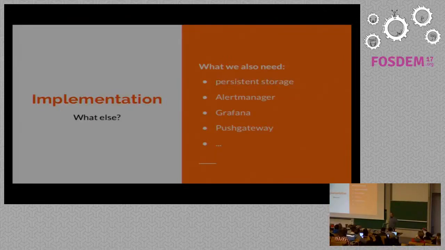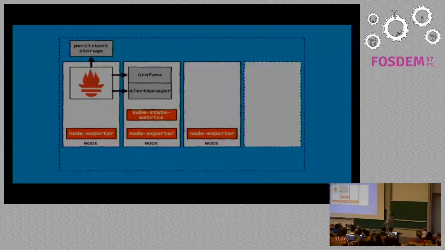We would need persistent storage for the time series database, for example, or for the configuration files. We would have to have a separate instance of an alert manager with its configurations. Obviously, we would need Grafana. Maybe we would need a push gateway separately on the instance. This would look like that in a Kubernetes environment.